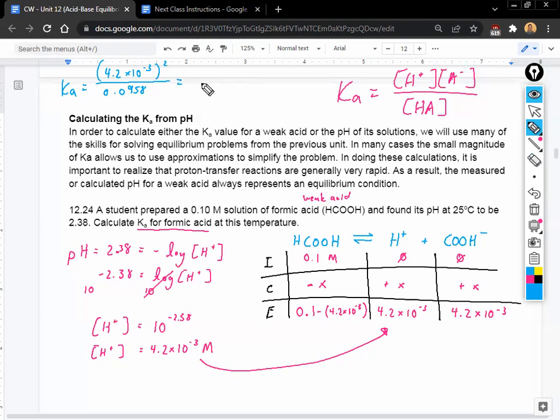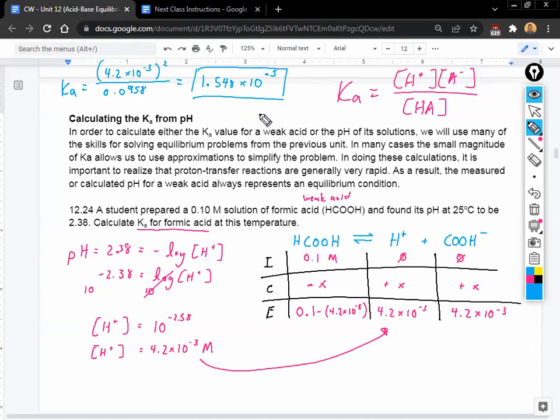And so if you divide that out, you should get a Ka of 1.548 times 10 to the negative, what is that? 5. But let me double check my math real quick. Oh, 4. My fault.